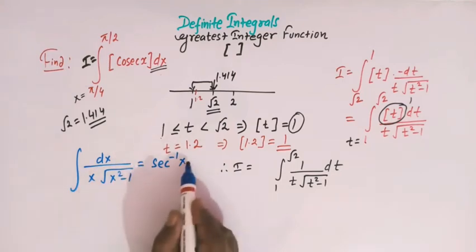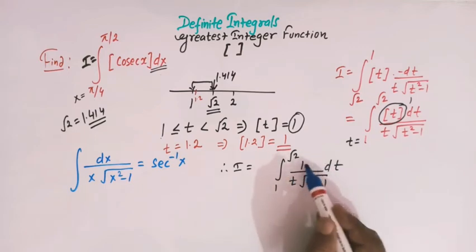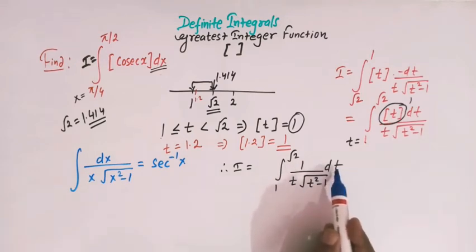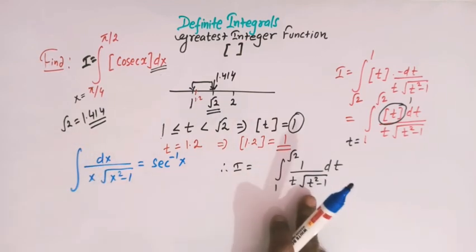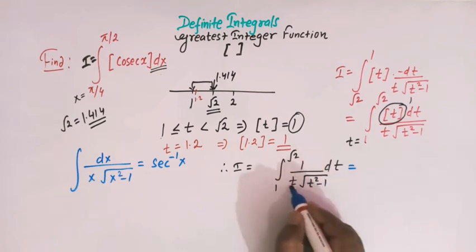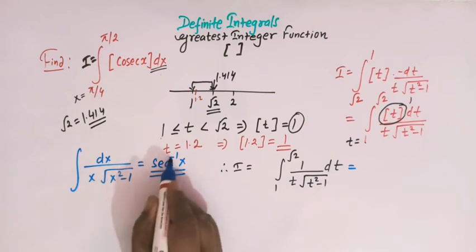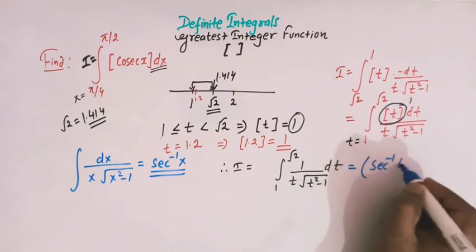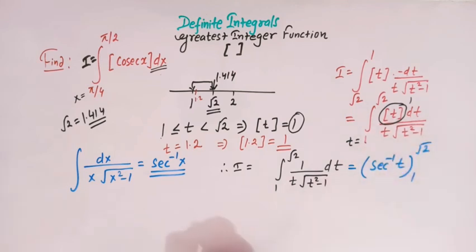Our integrand is similar to this one, with variable t instead of x. So the integral of 1 over t times square root of t square minus 1 is sec inverse t, with limits from 1 to square root of 2.